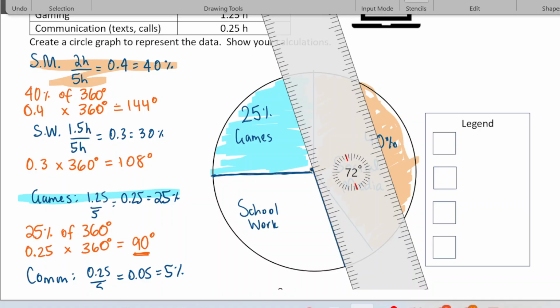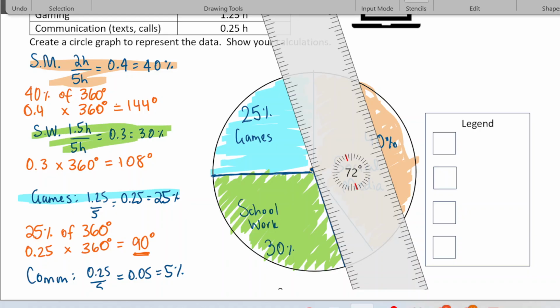And I always leave the most difficult one, or usually the smallest one, for last because it's just whatever's remaining. So this is 30%. I'm going to color this one in green. Okay, schoolwork is 30%.